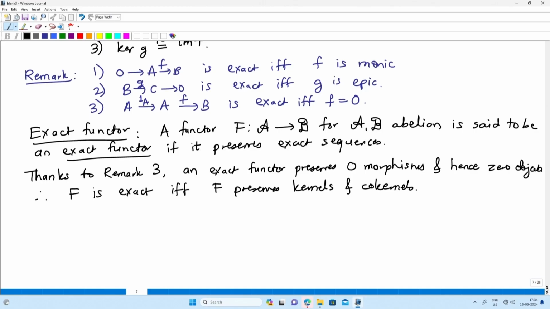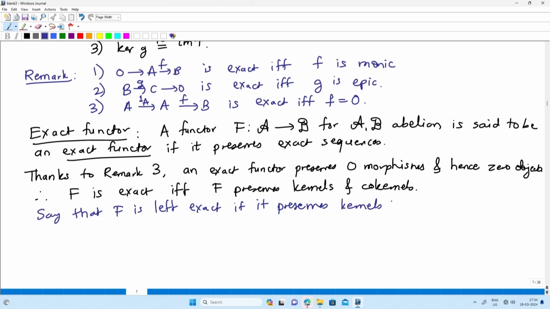Actually, this is a definition now: F is left exact if it preserves kernels.